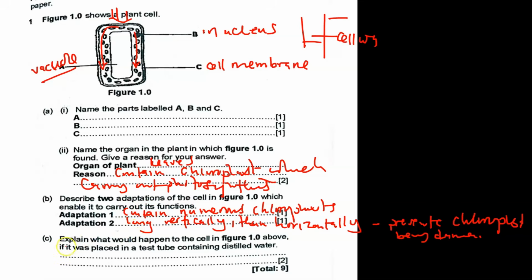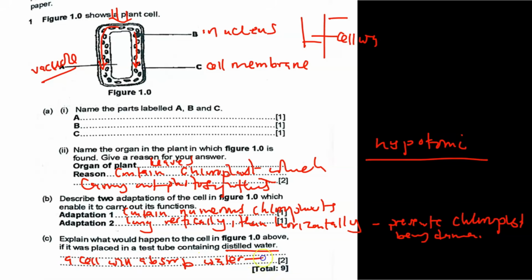Explain what would happen to the cell above if it was placed in a tube containing distilled water. Now, what kind of solution is water? Water is hypotonic, okay? A hypotonic solution is one that is dilute compared to the inside of the cell. So the cell will absorb water.